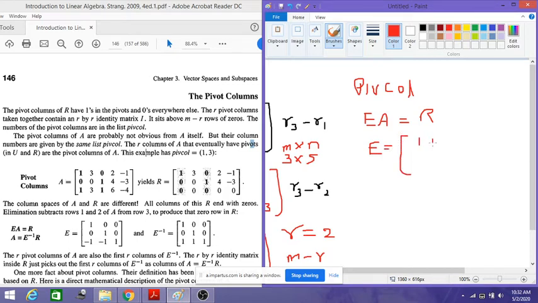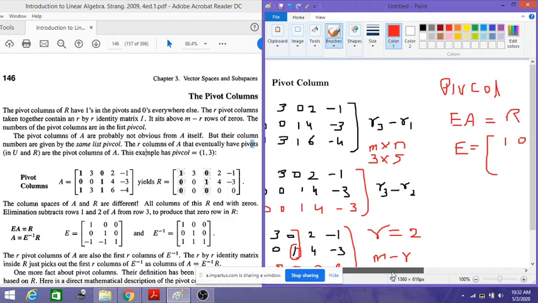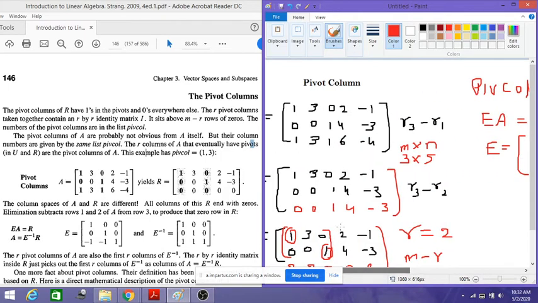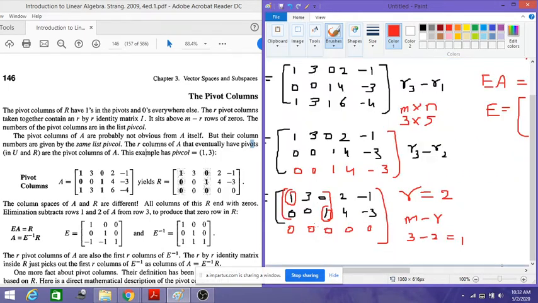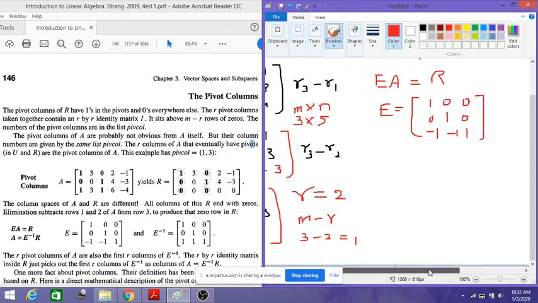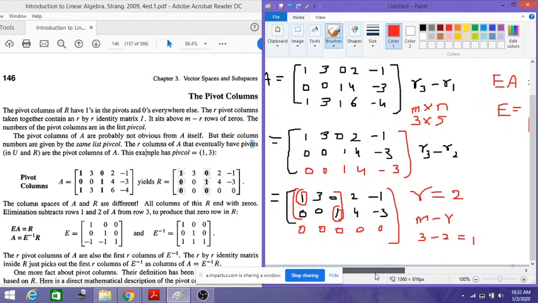So we have 1, 0, 0. The last position remains 0, this is 1, and this is 0, no change. Whereas here this will become minus 1, and we have taken this one also, so that will become minus 1, and the last is 1 as per the identity matrix.